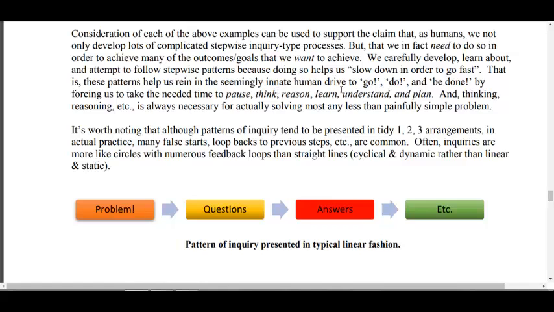And so we have this innate human drive to go, to do, to be done. Like, here's a problem. We could be faced with an assignment in a course like this one. And we can approach it as, oh yeah, I just need words on the page. I just got to get it done. Is that going to produce better quality results, does one think, than if one approaches it systematically, like, okay, what exactly is the assignment asking for?